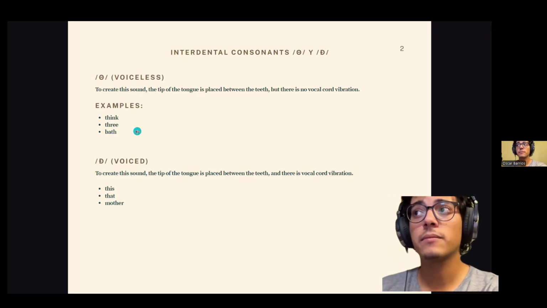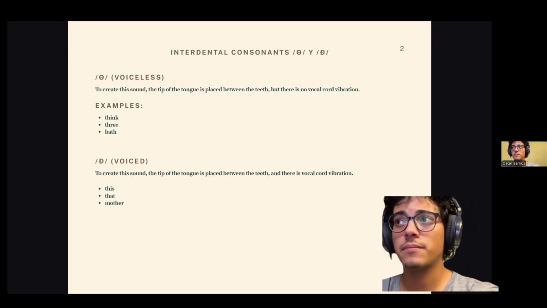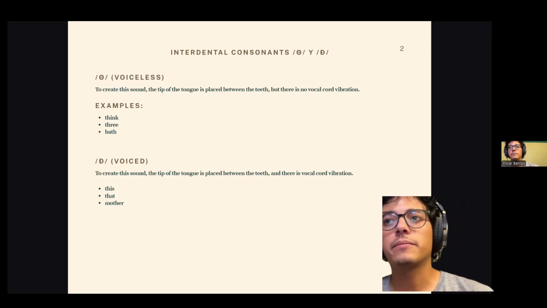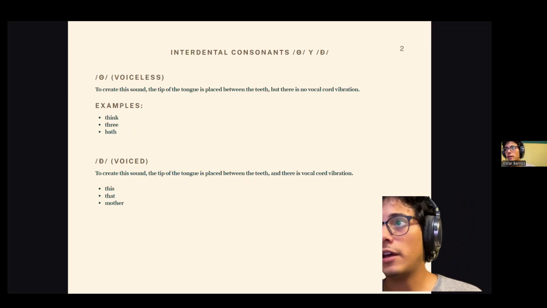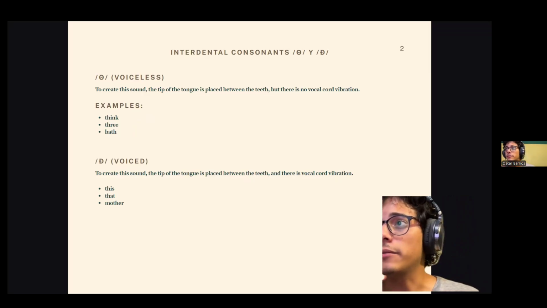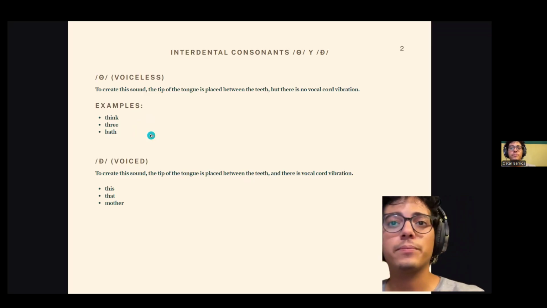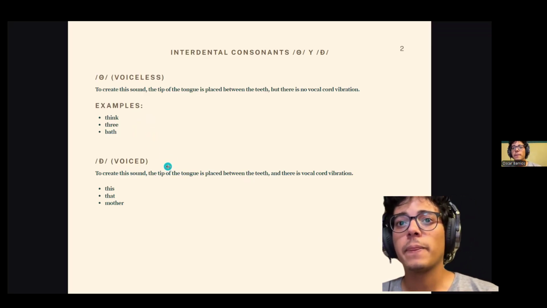Okay, so having established the voiceless consonant sounds, let's study the voiced consonant sounds. I'm experiencing a little bit of delay in my video footage, but I hope you are able to follow the video anyways.